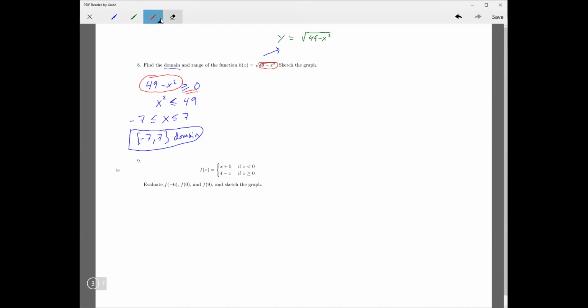Yeah, okay, so now, does anybody recognize what this is the graph of? Well, if you square both sides, you get this, and then if you take this to the other side, you get, and that's a circle, right? It's centered at the origin, and the radius is 7.